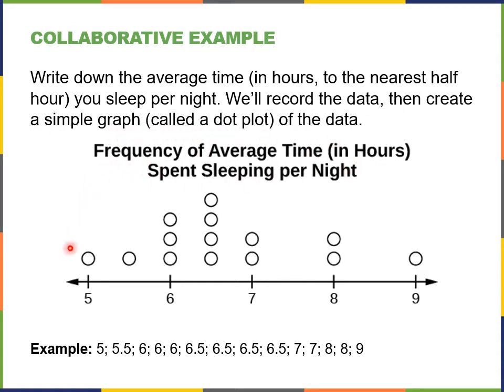So we look at it: one night I slept 5 hours, another night I slept 5.5 hours, then a couple of nights, maybe not necessarily in a row, I slept for 6 hours, then 6.5, 7, 8, 9, etc. I collected the data in that I recorded how much time I slept each of the particular days up to the closest half hour. Then I organized it by making this simple dot plot, stacking dots over top of a particular number. That is the beginning part of working with statistics.